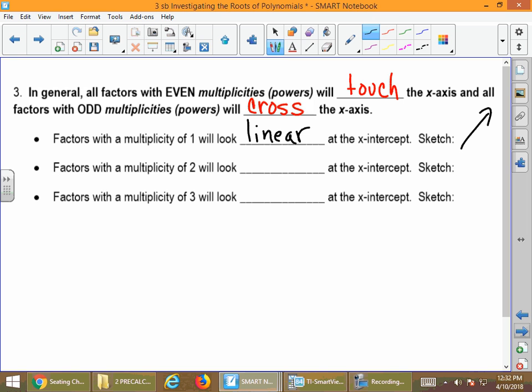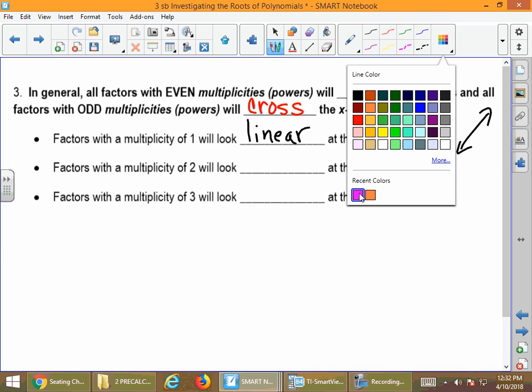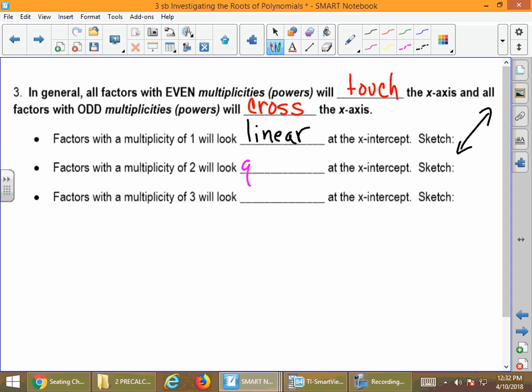So I tend to draw that for my line. Factors with multiplicity of 2 will look quadratic. Quadratic is a U-shaped curve, which is why they touch.